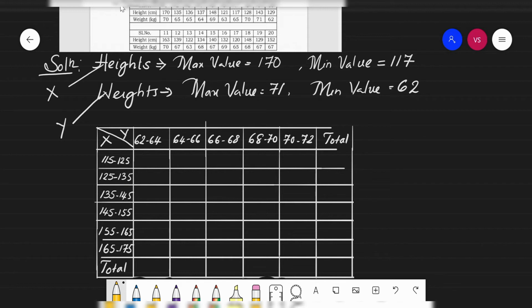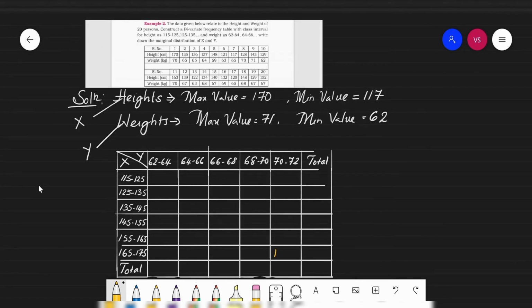That comes under 70 to 72. 165 to 175 is his height, and 70 is his weight. So this is the cell which is common to his height as well as weight. So I'll put a tally here. I hope you understood. This is the tally, and I will make it red.